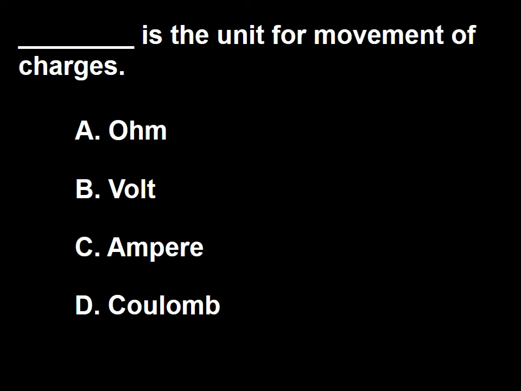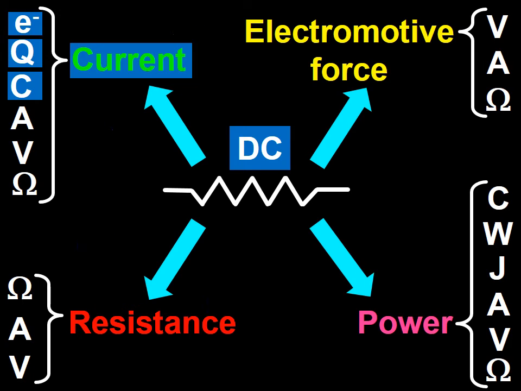Next question. Blank is the unit for movement of charges. A, ohms. B, volts. C, ampere. D, coulomb. I'd like to start elaborating an answer to this question by asking you again to look at the master slide.